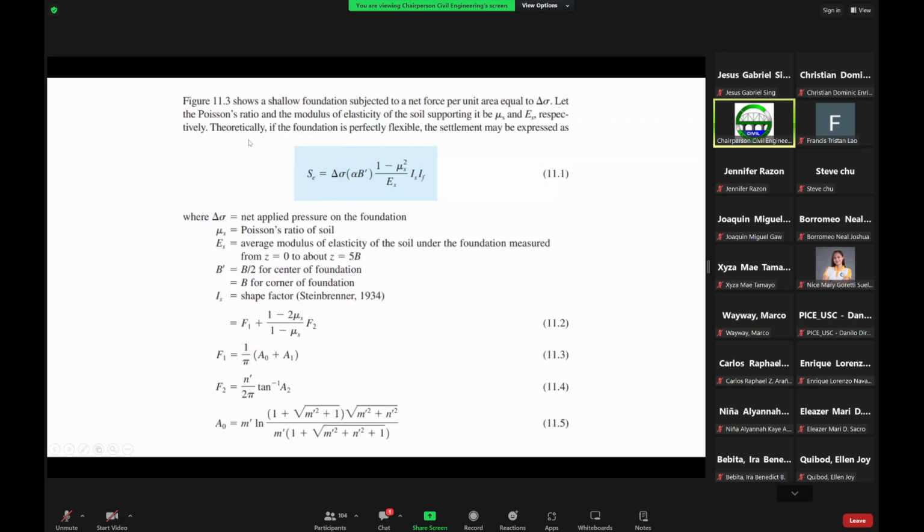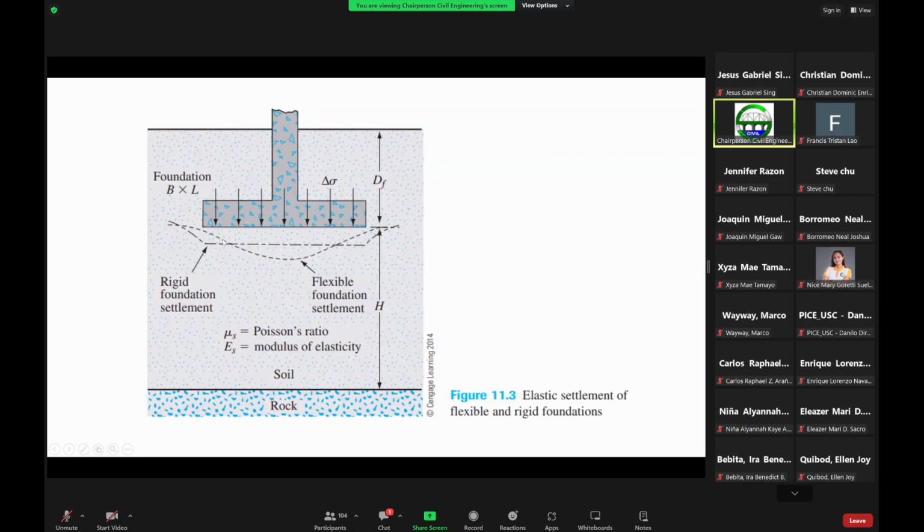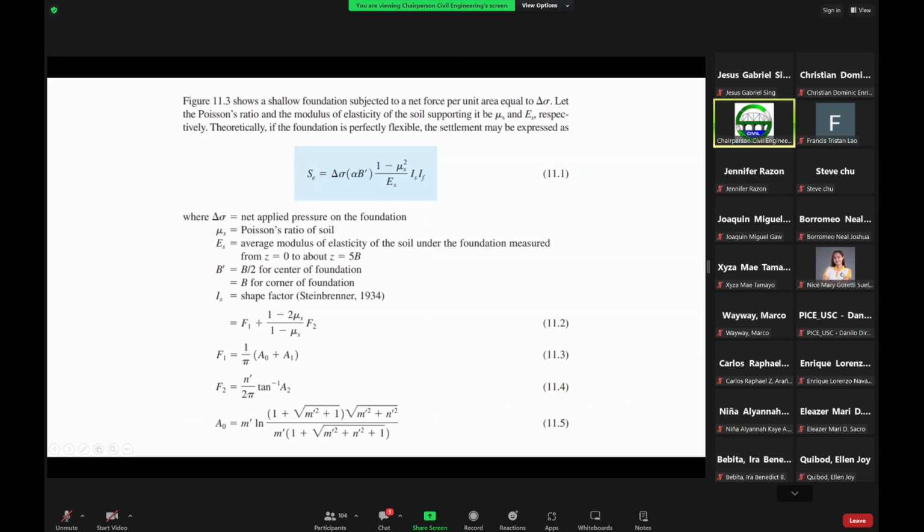Now theoretically, if the foundation is perfectly flexible, so it follows this behavior when it settles, then the elastic or the immediate settlement may be expressed by this equation here, wherein delta sigma here is the net applied pressure on the foundation.